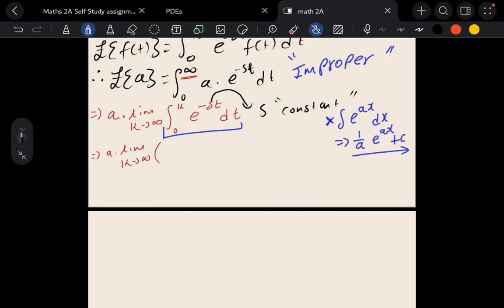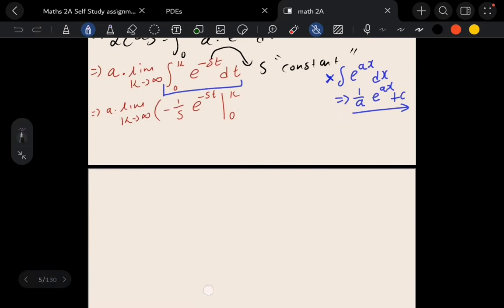So the integral of that is negative 1 over s times e to the power negative st. Now this is between 0 and k. So it's a times the limit as k approaches infinity in brackets. Now we substitute k there, so it's negative 1 over s times e to the power negative sk, and then plus 1 over s times e to the power 0, which is the same thing as 1.